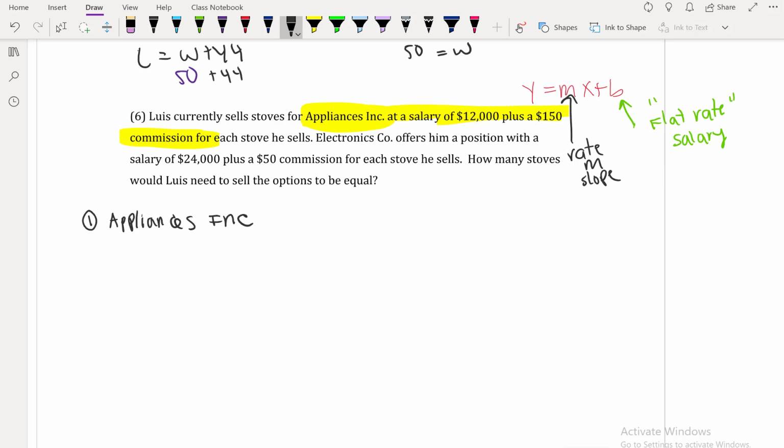And in this particular word problem, it's going to be your commission. So I'm going to write my equation for Appliances Inc. as y is equal to 150x, since 150 is the commission, so that's my m value, plus my salary of 12,000.